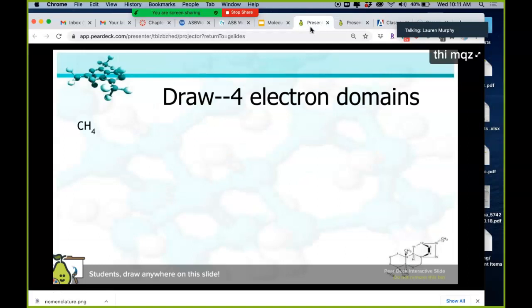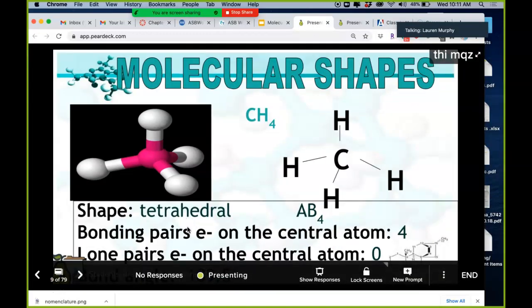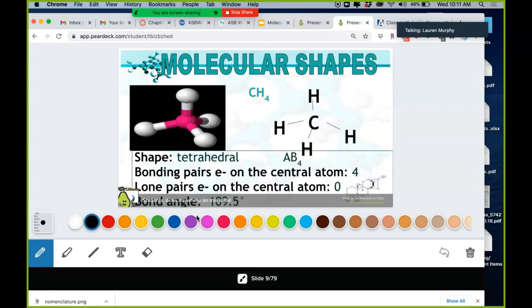So this guy has a name. It's called tetrahedral, and tetra means 4 and hedral means sides or faces. So I'll draw on here for you so you can kind of see. So like this right here is the front face. One face, one side.